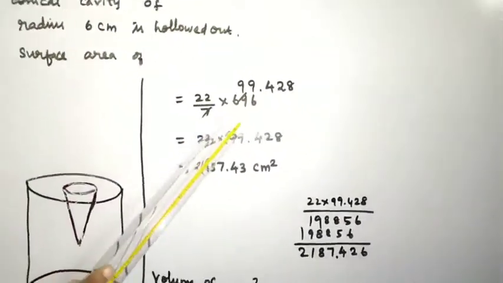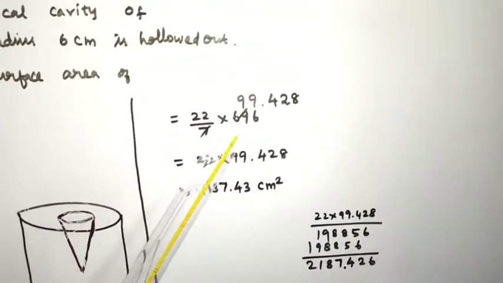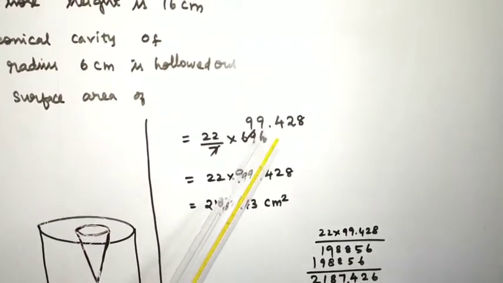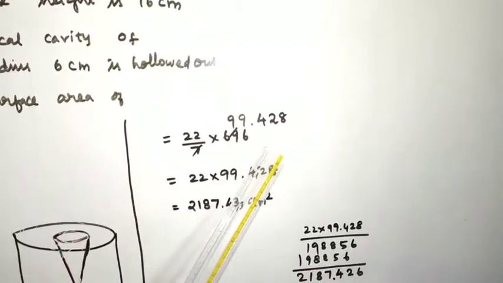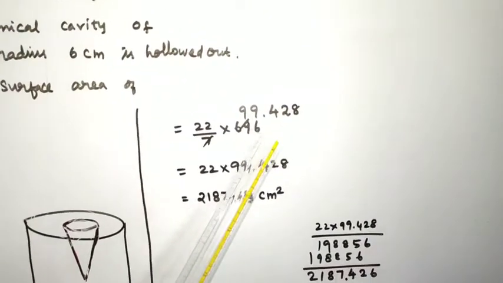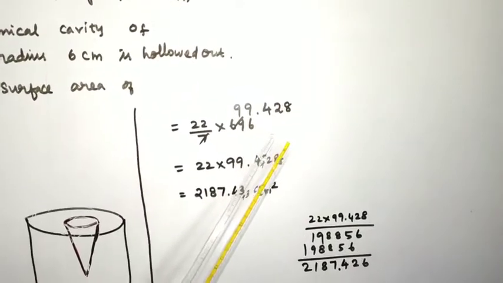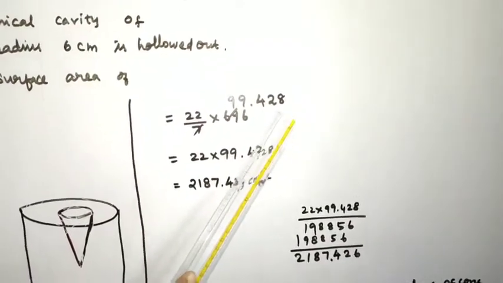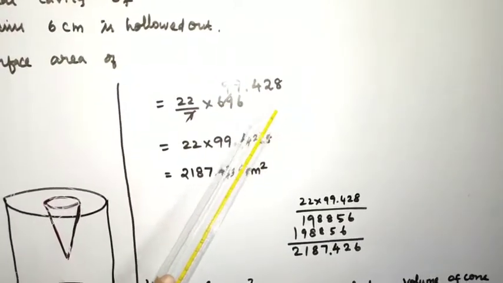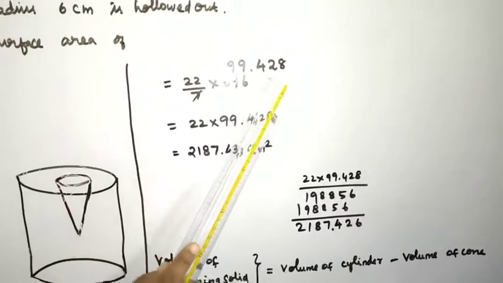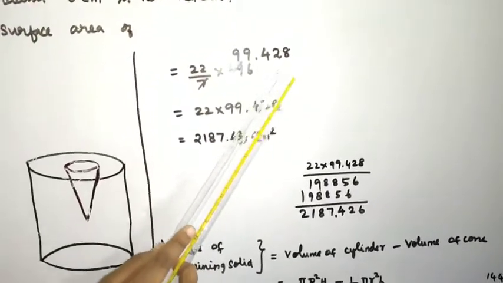So 22 by 7 into 696. Cancel with the 7 table: 9 7s are 63, remainder 6, again 9 7s are 63, remainder 3. Put the decimal point, 30 means 4 7s are 28, remainder 2, 20 means 2 7s are 14, remainder 6, then 60 means 8 7s are 56. So for all such sums you find 3 digits after the decimal point, and only then the exact book back answer comes.